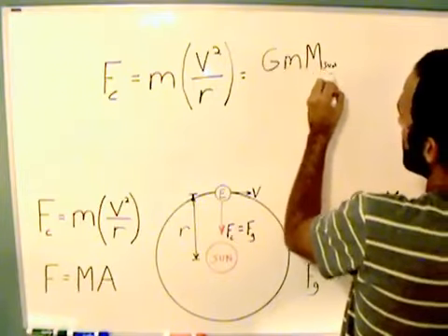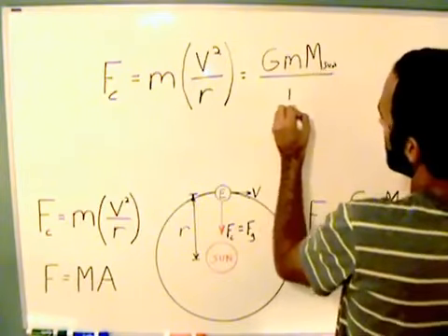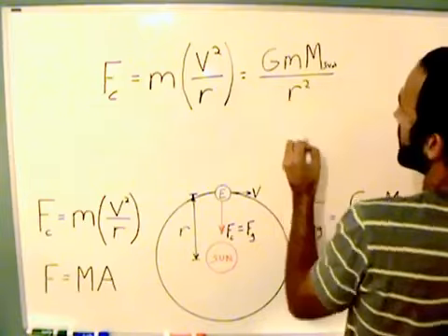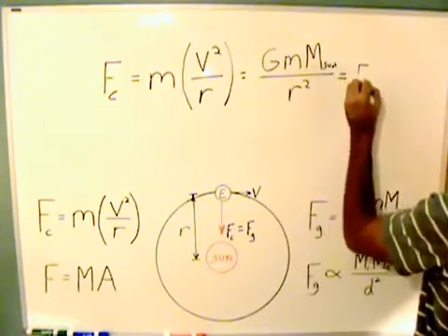I'll write M Sun here to clarify that, divided by the distance that object is from the Sun squared, and that's equal to the force of gravity.